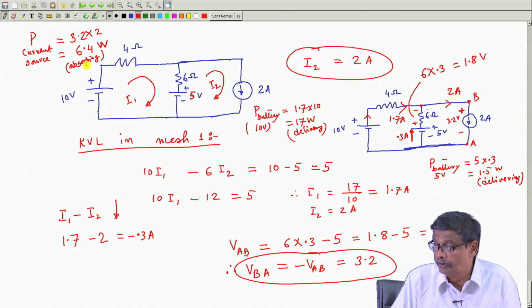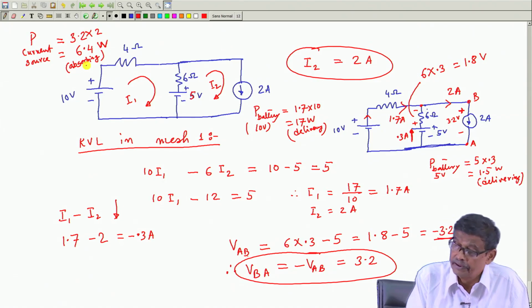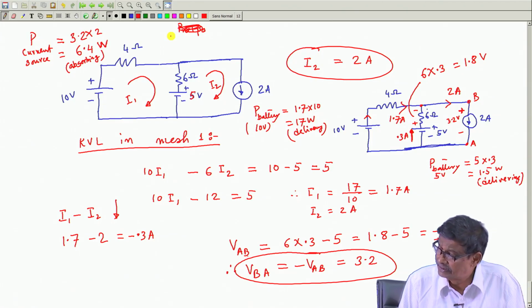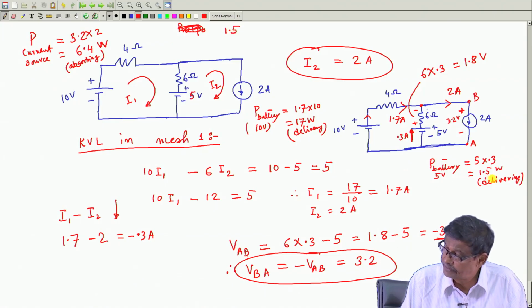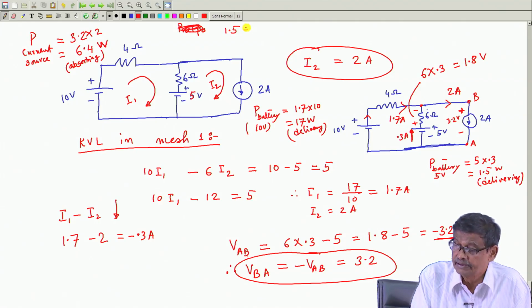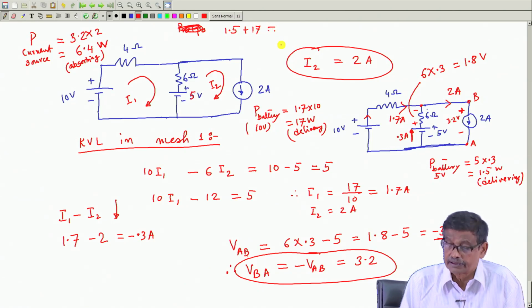So, the total power delivered in the circuit is 1.5 from this 5 volt battery, plus 17 from the 10 volt battery. These are delivered power. This must be equal to the power absorbed by different elements in the circuit.